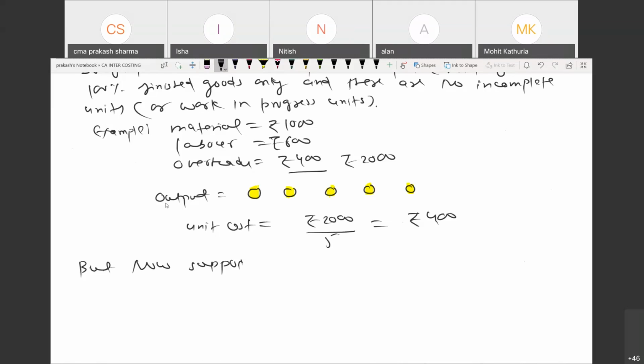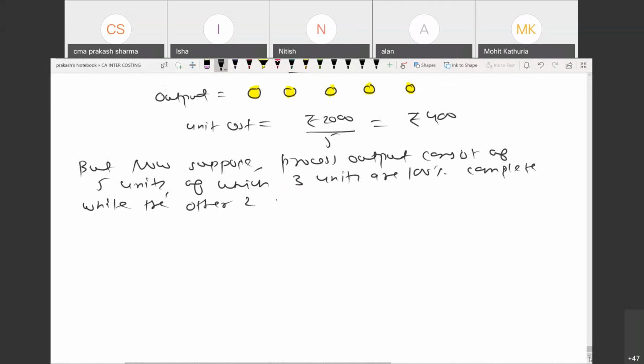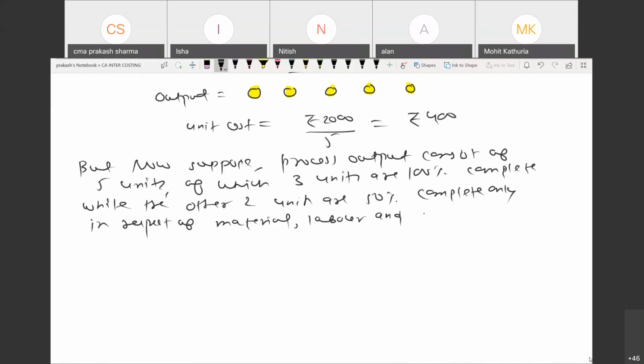Okay, sir. But now suppose process output consists of 5 units, of which 3 units are 100% complete, while the other 2 units are 50% complete only in respect of material, labor, and overhead.